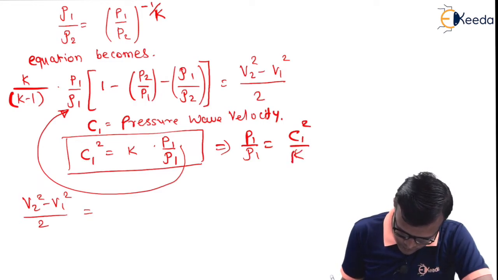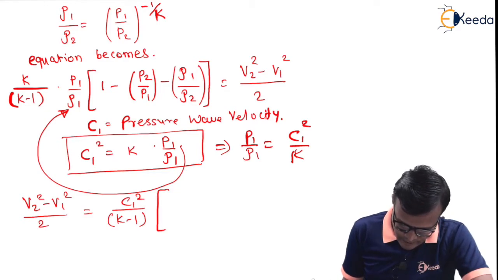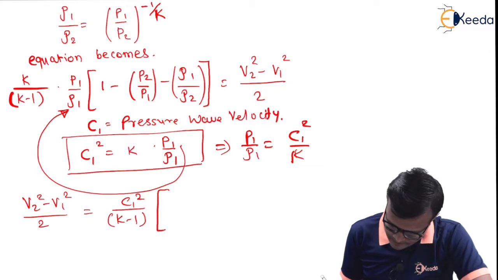So we will have our equation as: this is equal to c1 square divided by k minus 1, where the k gets cancelled in the bracket and the remaining term stays as it is. We will modify it by considering the power k.